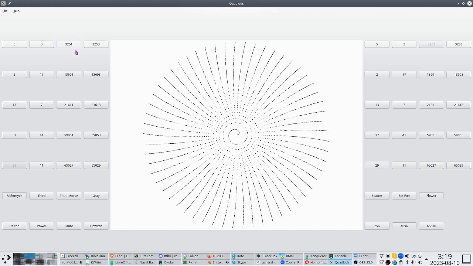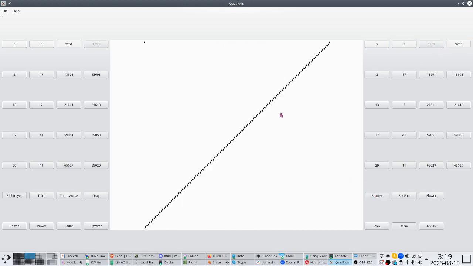But 3,251 and 3,253 have to scatter. Give close to a straight line for both Richtmyer and Halton.